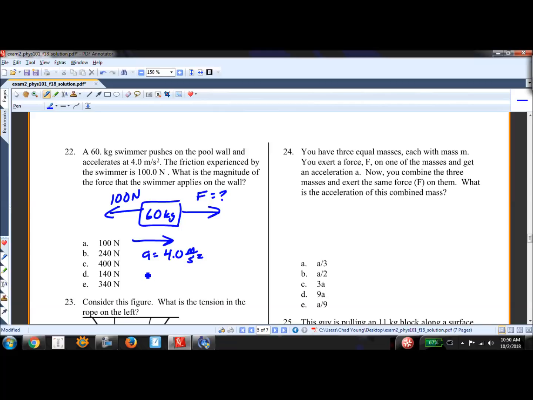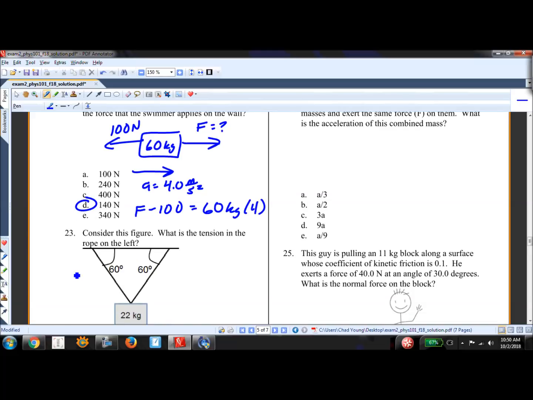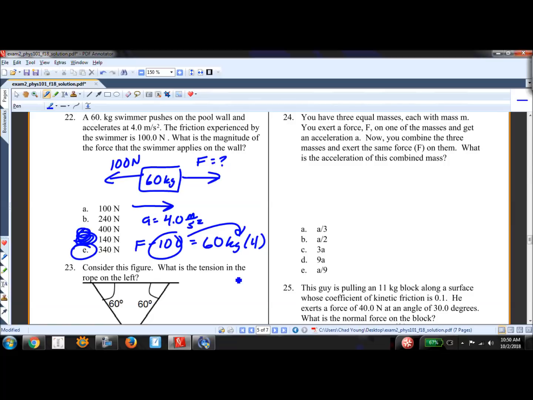So again, F minus 100, sum of the forces, equals 60 kilograms times 4. So F is equal to 140 newtons, solving that for F. No, I'm sorry. F is equal to 340 newtons, because I take the 100 over here, it's 340.